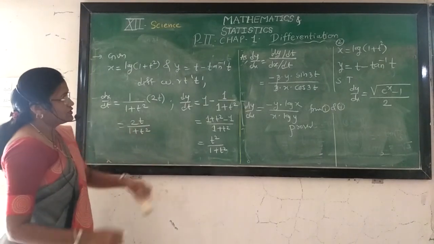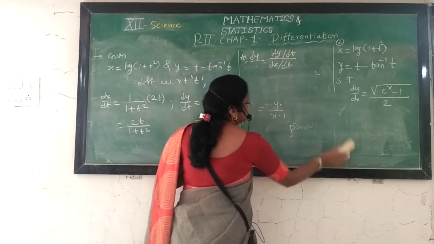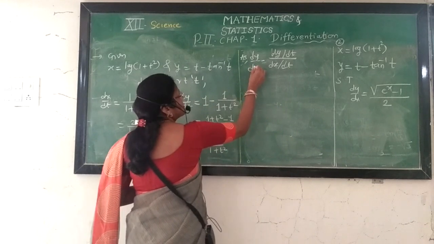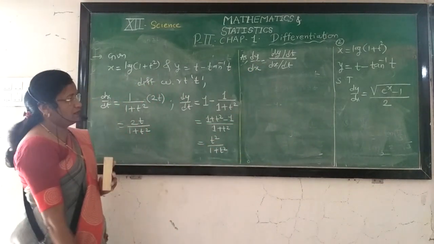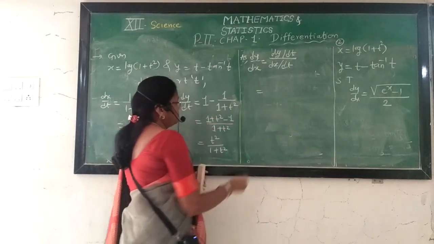Now using the definition of the derivative of a parametric function, dy by dx is equal to dy by dt upon dx by dt. So what is the value of dy by dt?